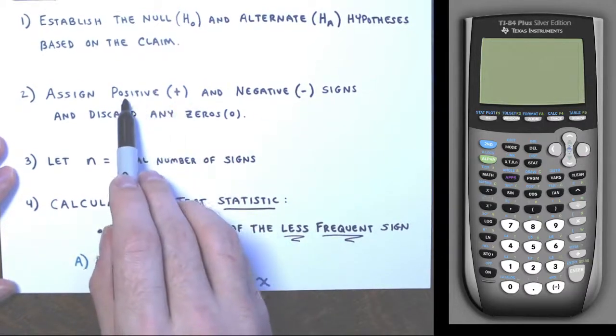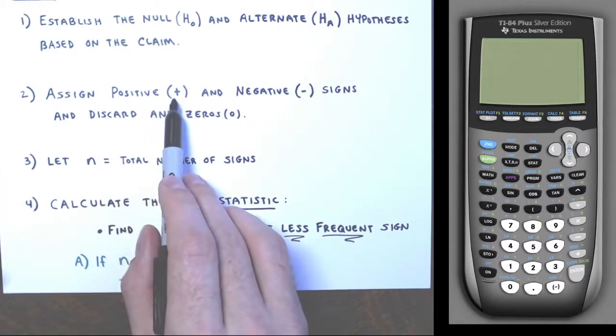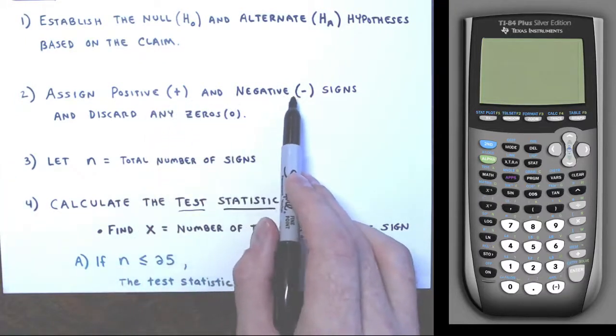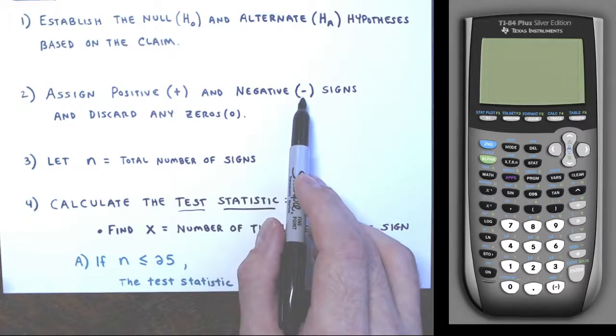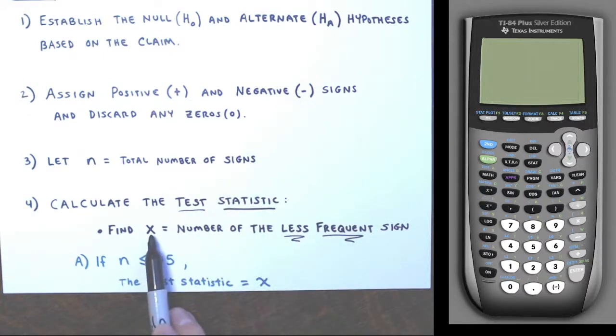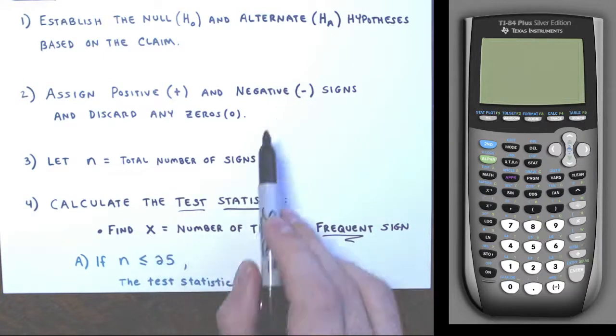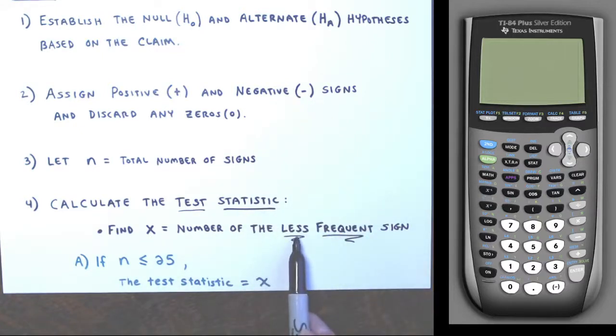So for instance, if I assign 10 plus signs and only 3 minus signs, the value of x would be 3, because there are fewer minus signs. The minus signs were the less frequent sign. And again, we'll see examples coming up.